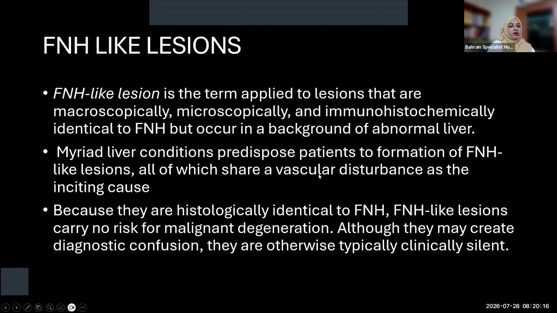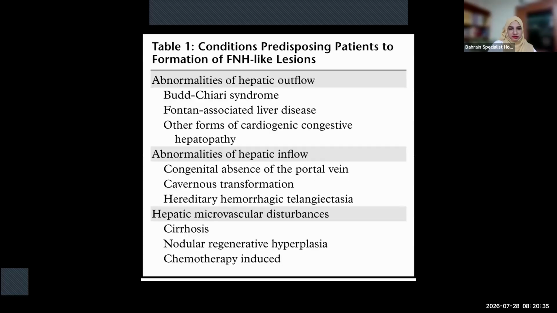So they are basically a response to the vascular disturbance due to certain conditions. As they're histologically identical to FNH, they have no malignant potential and they do not carry risk of hemorrhage or rupture. Therefore, they are usually left as leave-alone lesions.